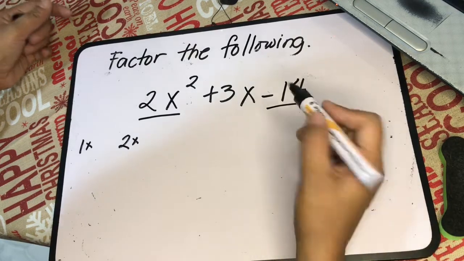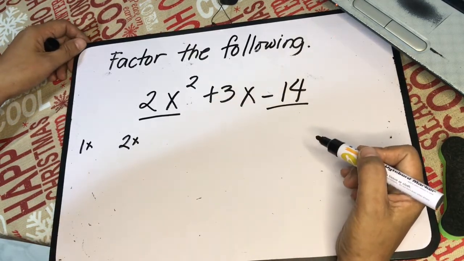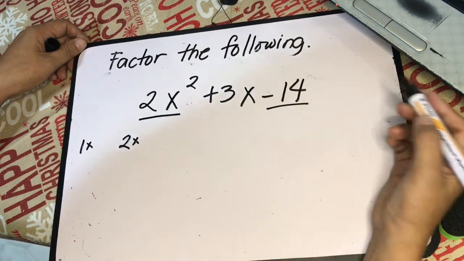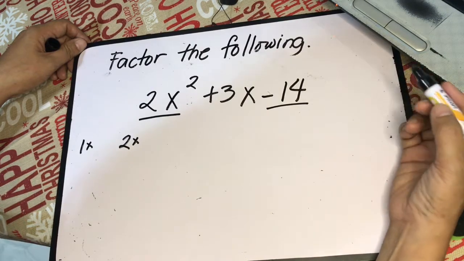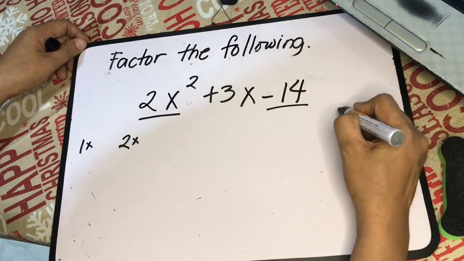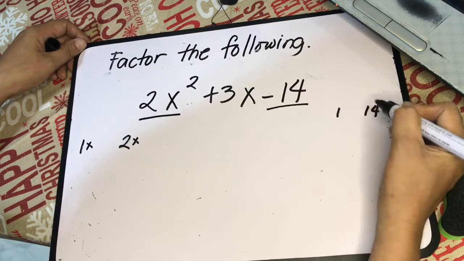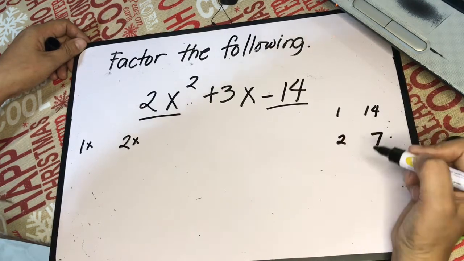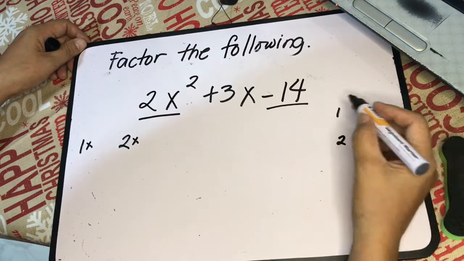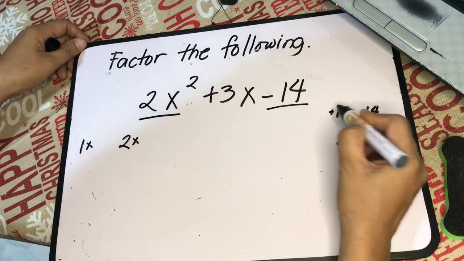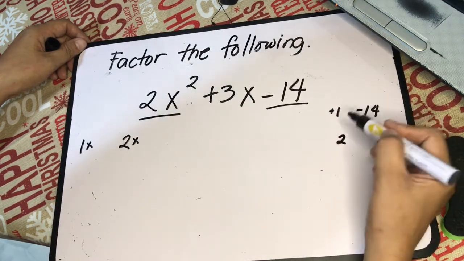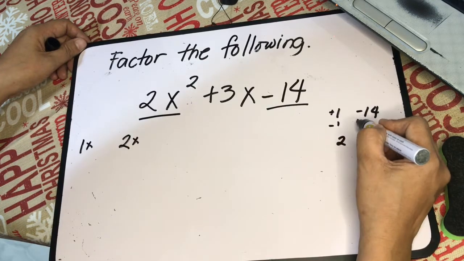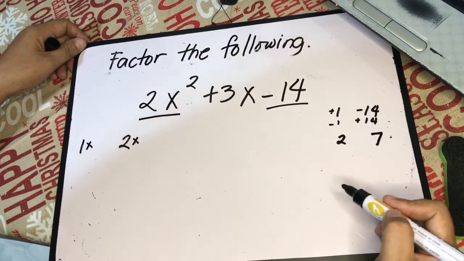Okay? Then, what about negative 14? What are the possible factors of negative 14? Okay, we have 1 and 14. We have 2 and 7. So it could be positive 1 and negative 14, or negative 1 and positive 14.